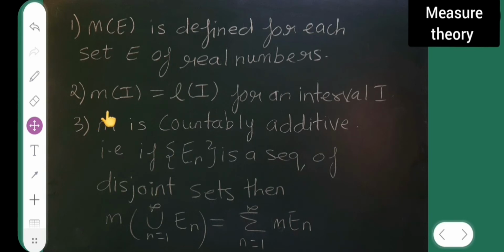Second condition is that M of I, the measure of I, is equal to the length of I, L of I, for an interval I. Third condition is that M is countably additive, that is if E_n is a sequence of disjoint sets, then the measure of the union of E_n, n equal to 1 to infinity, is equal to the summation of n equal to 1 to infinity of M of E_n, that is the measure of each set E_n. So let us see the fourth condition.